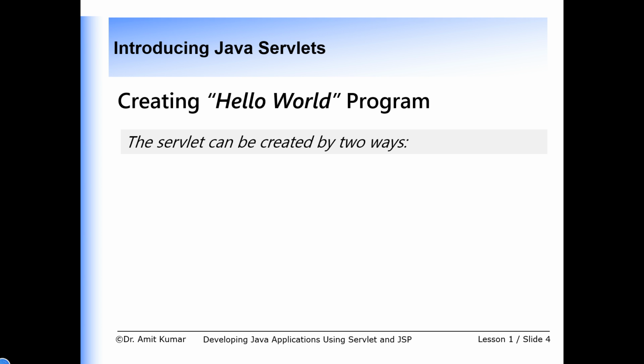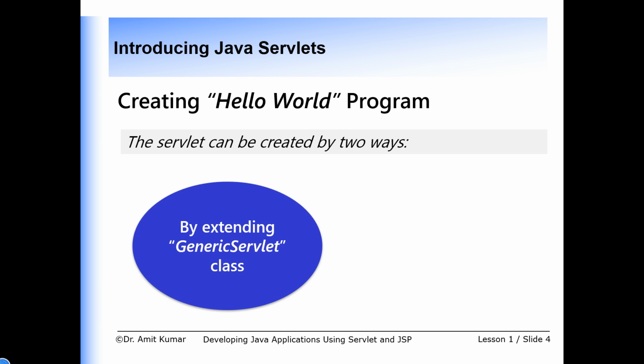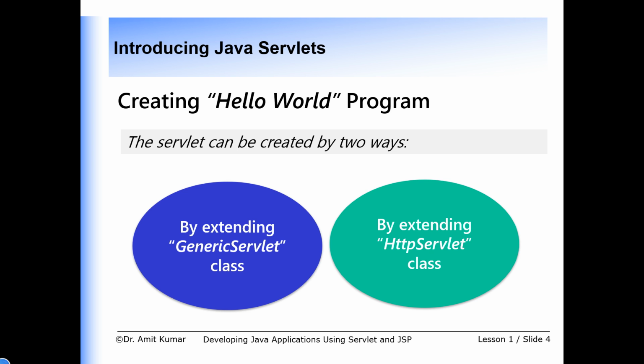Servlets can be created in two ways, or we can say we have two ways to create the Hello World program in Servlet. The first is by extending the GenericServlet class, and the second technique is by extending the HttpServlet class.